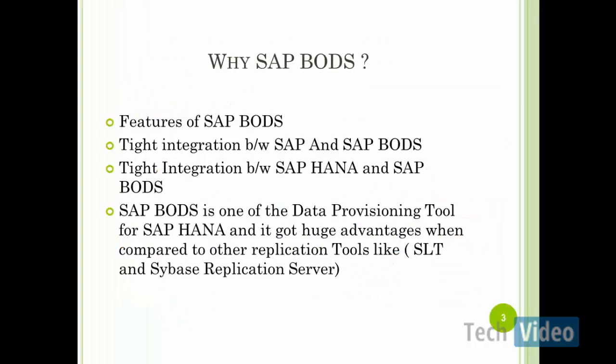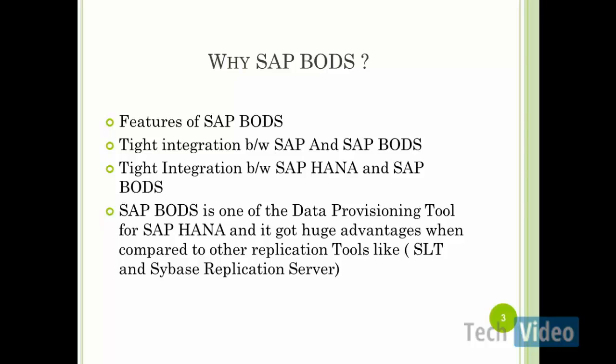But what are the advantages SAP BODS has over Informatica? There is a tight integration of SAP BODS with SAP, and a tight integration between SAP HANA and SAP BODS.